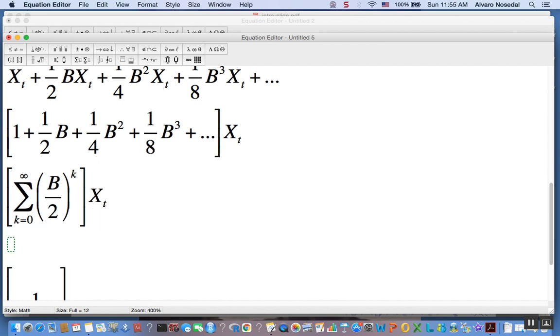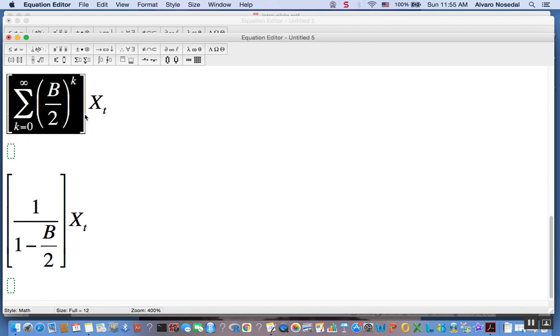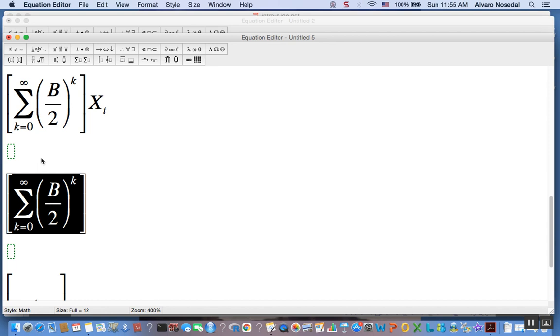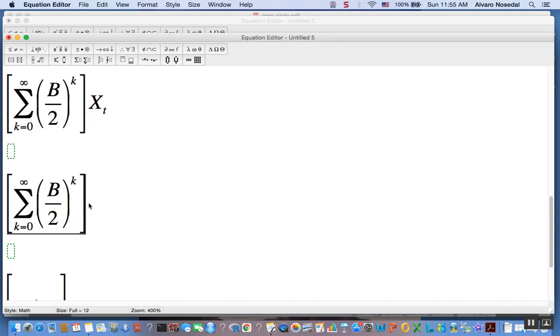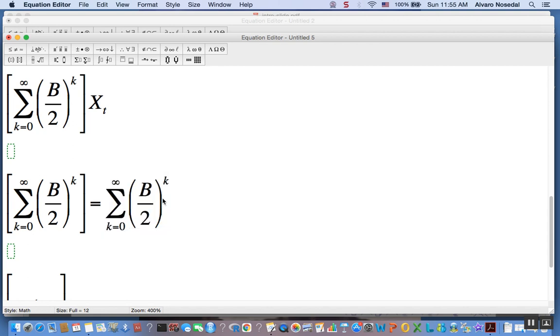Now, what I want you to see is that what's inside those square brackets is the same as b to the power of k times 1/2 to the power of k.